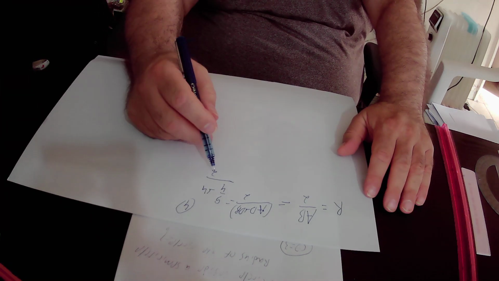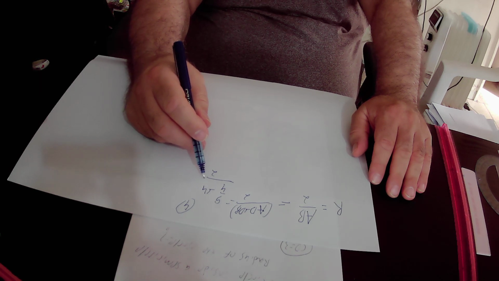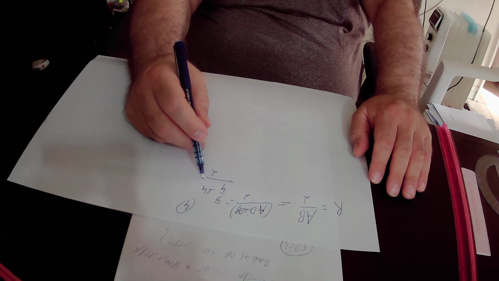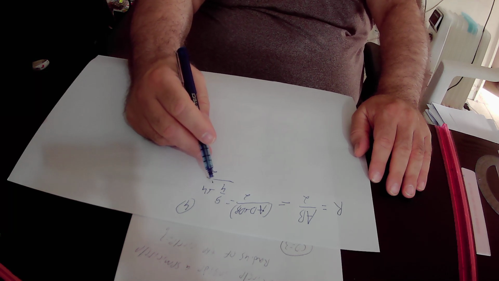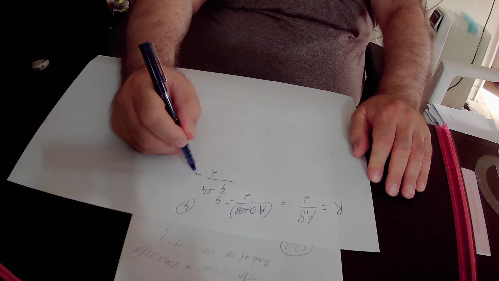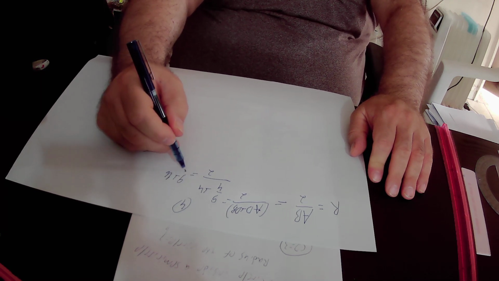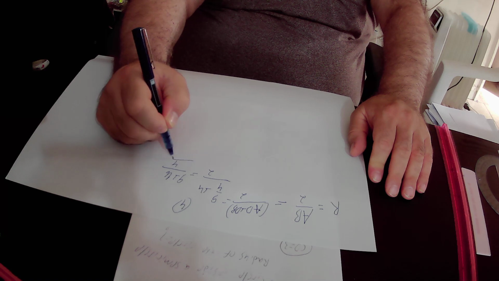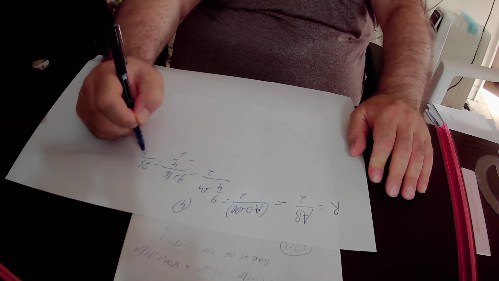So here we have 9 over 4 plus 4. We multiply 4 by 4 and divide it by 4 in order to have a common denominator with 9 over 4. We get 9 plus 4 times 4, which is 16, over 4, over 2. 9 plus 16 is 25 over 4.